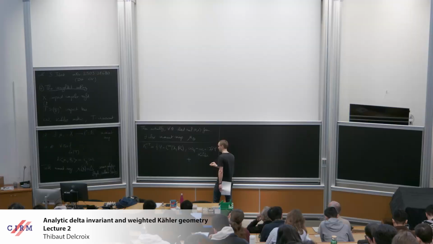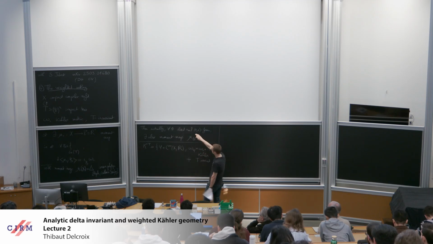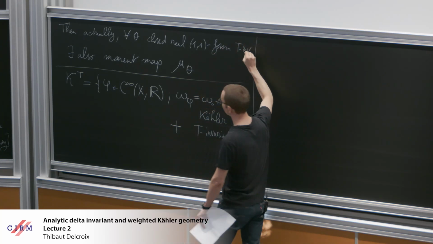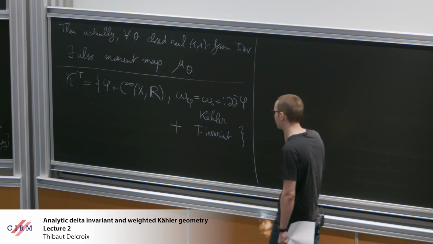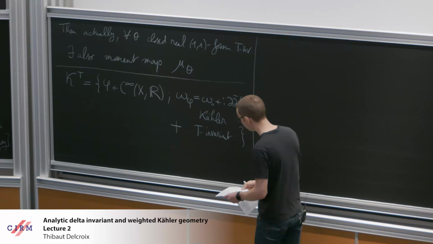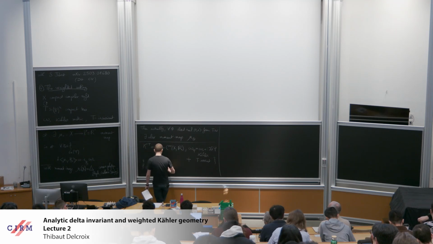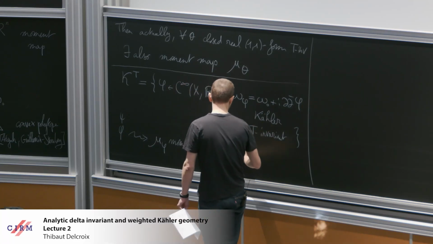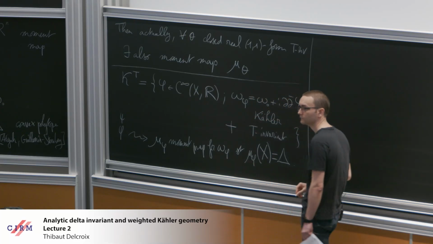But now I add the assumption that this is T invariant. I should assume T invariant as well, otherwise there's no moment map. Okay, so if I consider this, then for any phi in this, I can associate a moment map mu phi for omega phi such that the moment image is the same.